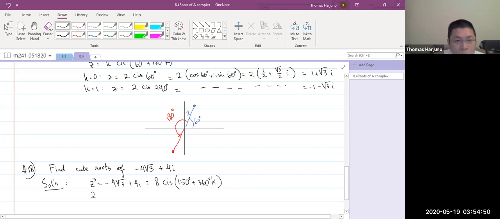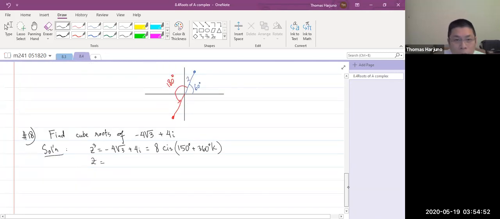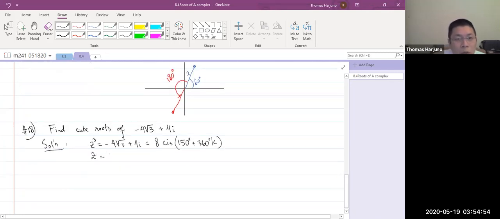So the root will be the cube root of that. The cube root of 8 is 2, and the angle is 50 degrees plus 120 degrees k, so 2 cis (50 degrees plus 120 degrees k).